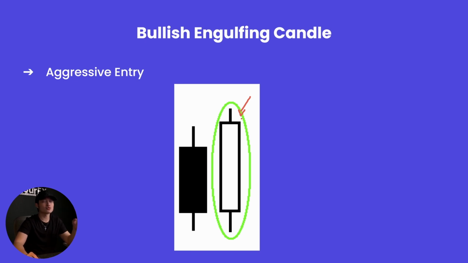You don't have to wait for confirmation that the engulfing candle's high is being broken, like this. If you are aggressive, for the bullish engulfing candle formation entry point, you should not wait for the breakout of the high point of the engulfing candle.